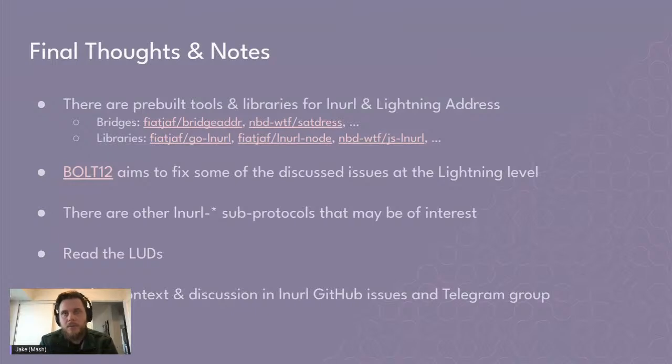What's cool about those is the way that they've implemented them, you just need a domain that you want to serve LNURL Pay and Lightning address requests from, and then you just set up your DNS records. So all you need is a domain, and a lot of the time the domain providers make it really easy to go in and add DNS records.